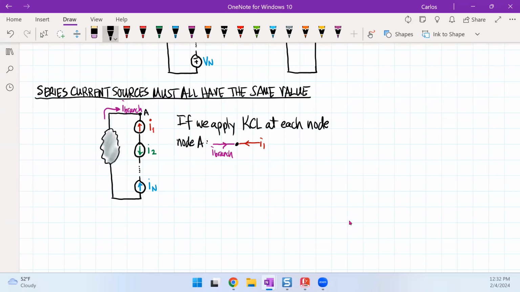That immediately tells us from KCL that I branch must equal the negative of I1. So in other words, this current must be the negative of that current. What happens if I apply this to node B? That tells me that these currents are both moving out.